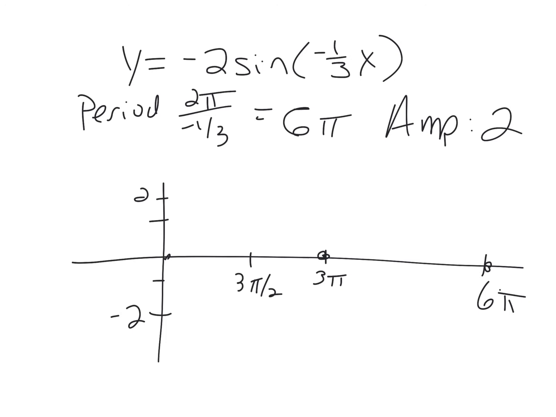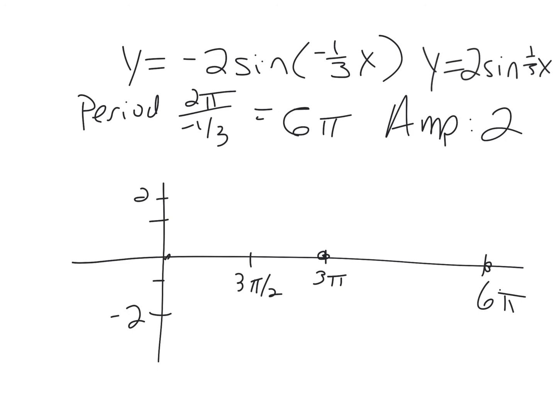Also, another thing I should throw out here, this is where our odd and even functions come into play, right? So if we have a negative in the inside right here, what does that mean for this function as a whole? We are actually kind of playing with y equals 2 sine of 1/3 x, right? Because of our even and odd functions that we learned about in the last section.